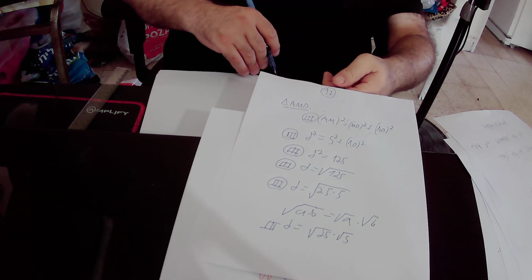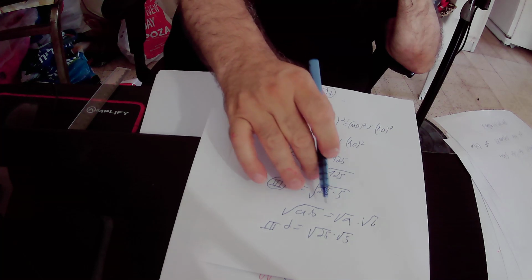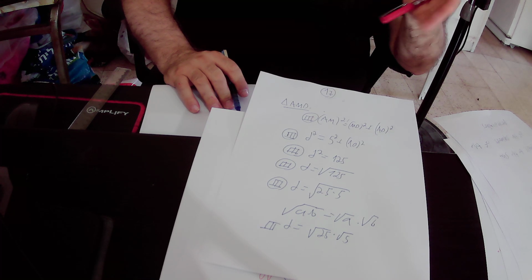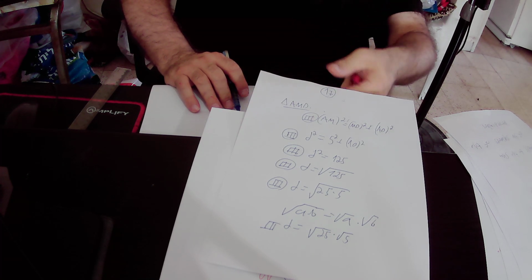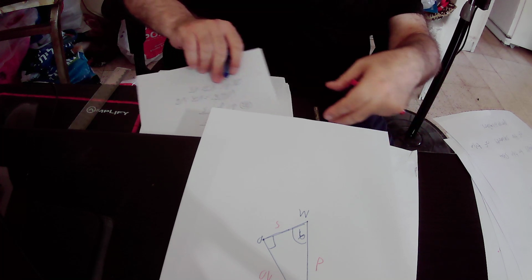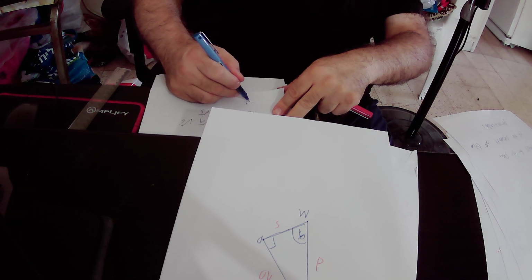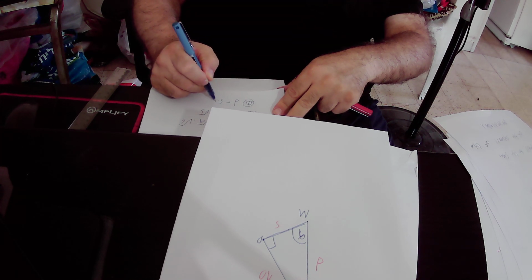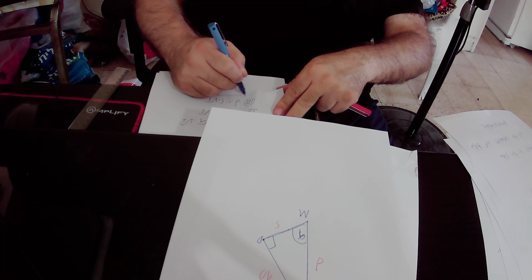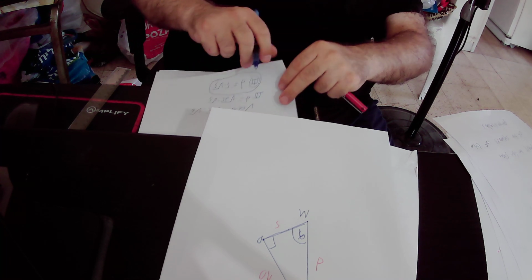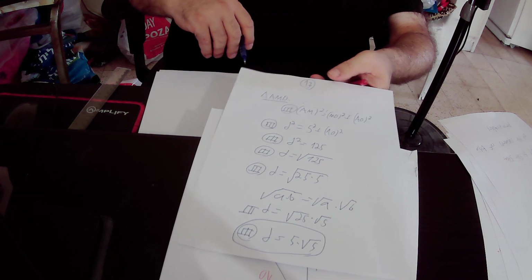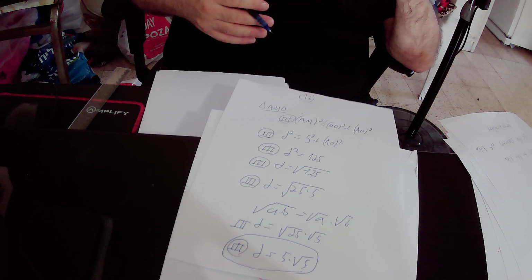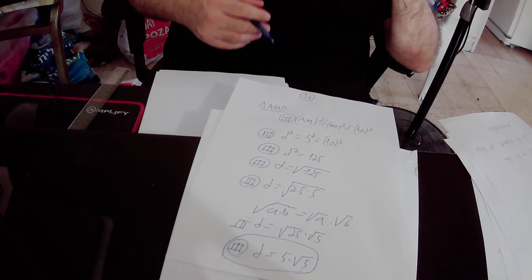As you already know, the root of 25 is 5. So we got that D, the diameter of the circle, equals 5 times root 5.